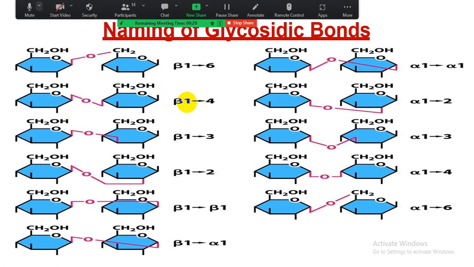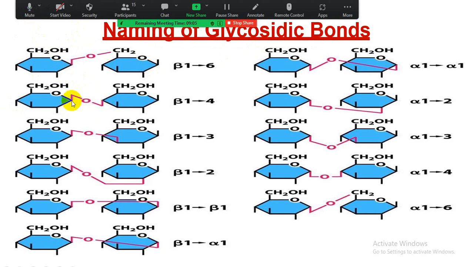But sir, the carbon is pointing downwards. Which one? Here. The other carbon, the one at the right side. Yes. So you have asked a very important question. It's pointing downwards, but that is not what we are using as a reference point.